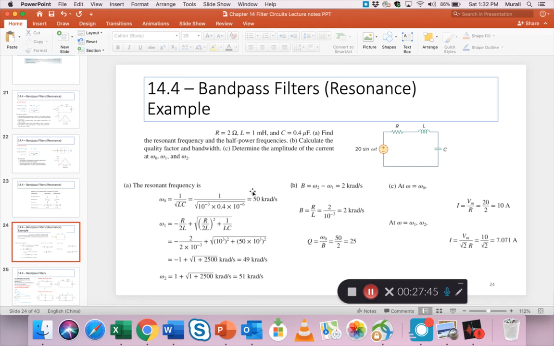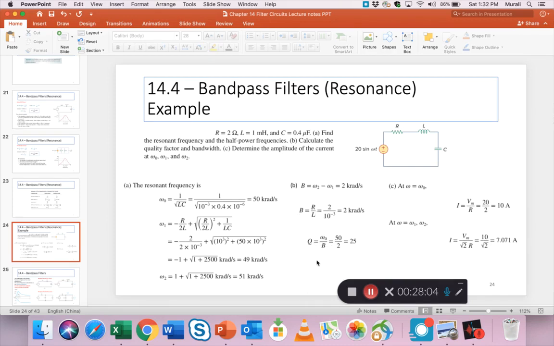Now, are they related by the geometric relationship? I leave that to you to check. I hope they are. Bandwidth, omega 2 minus omega 1, is 2K radians, as we saw. Bandwidth can also be found as R by L, so he shows you that.